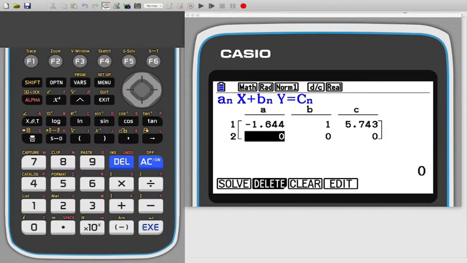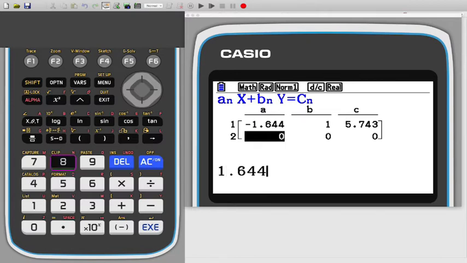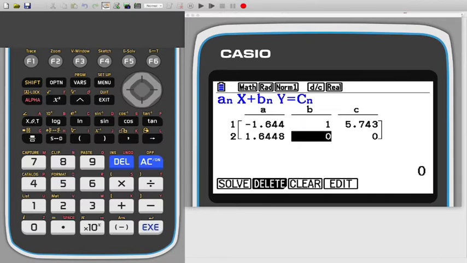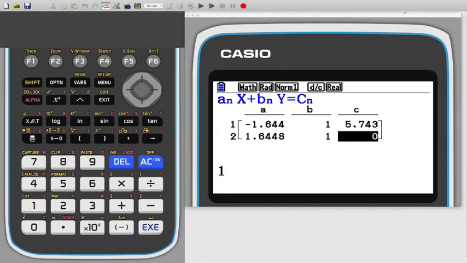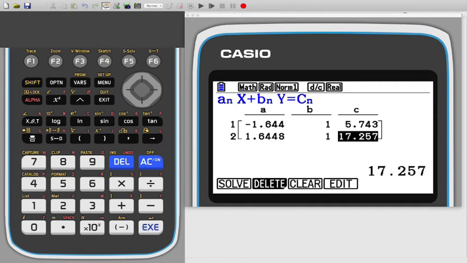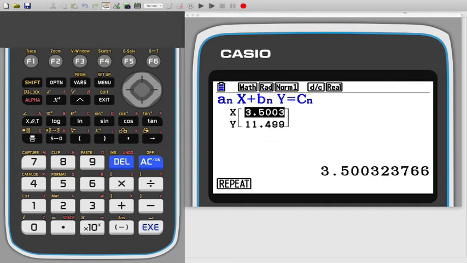Okay, and then you need to put the positive one in, 1.64485. Enter. The mean one will be 1. Then you put in the value that goes with that, which is 17.2570. Enter. And then if you press F1, it solves it.